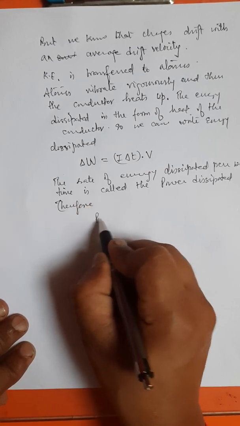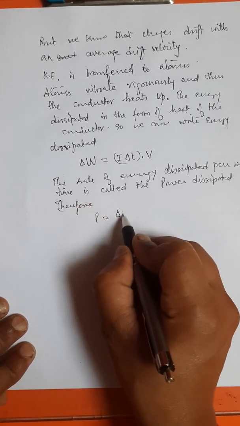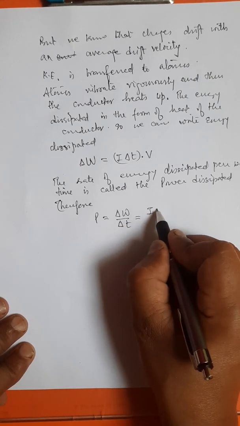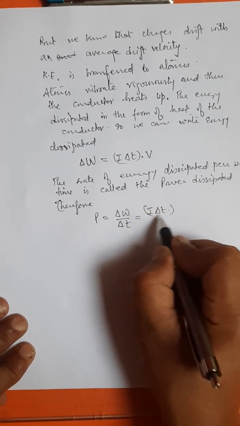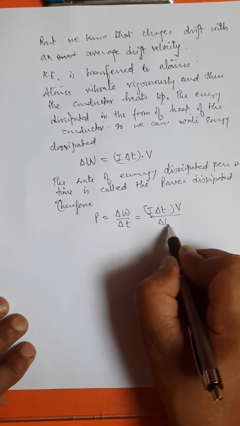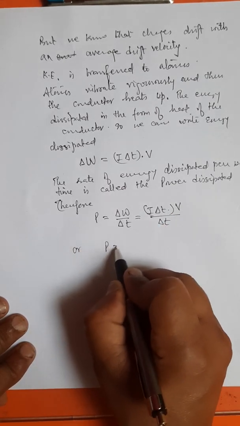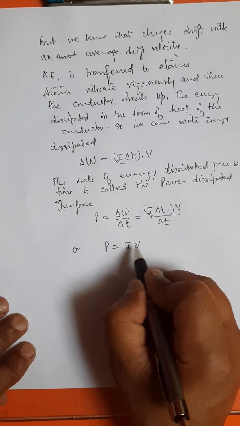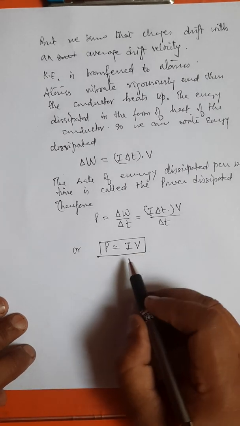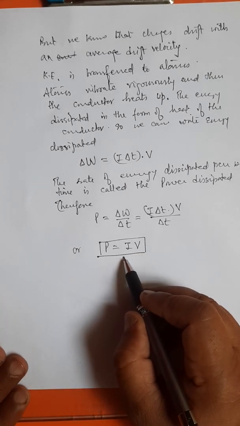Therefore, power is equal to delta W by delta T, which is equal to I delta T into V by delta T, or P is equal to IV. So this is the expression for the power dissipated or the power loss.